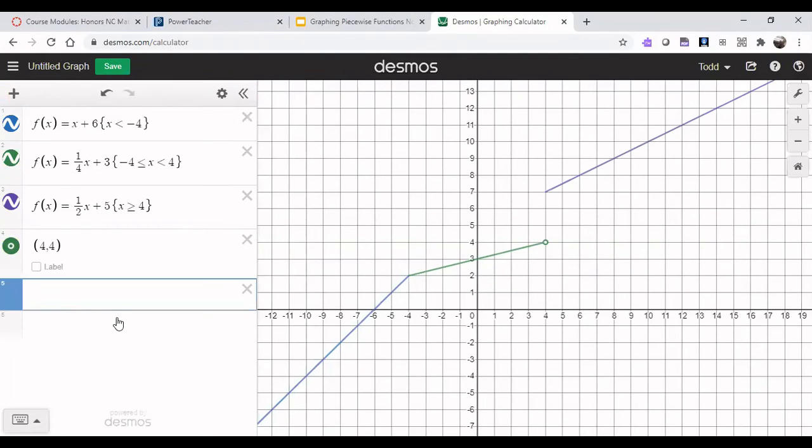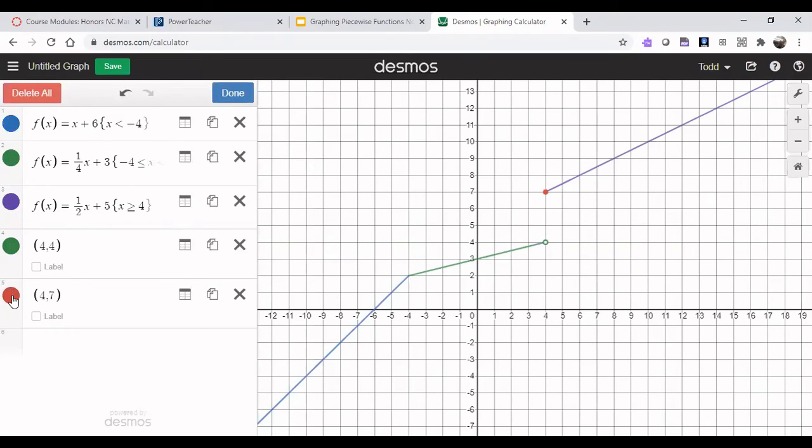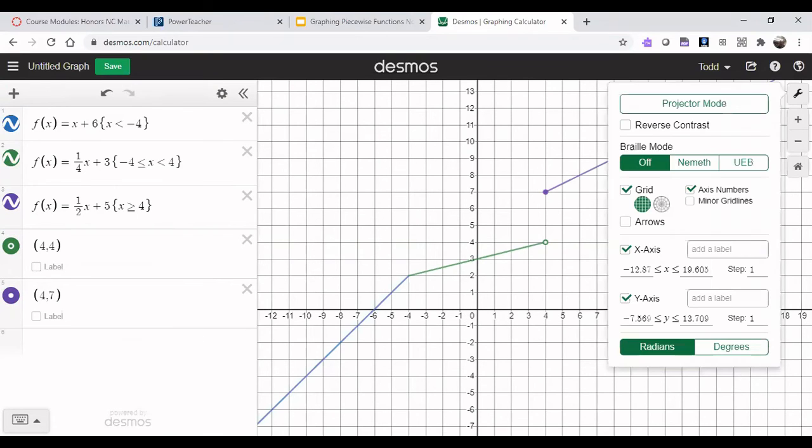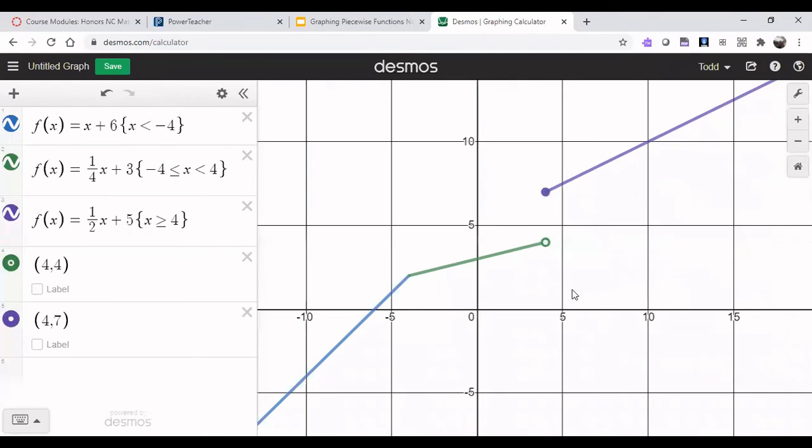And then at the 4, looks like 4, 7, that one is closed. And I can make it match the purple color. I want to make it purple. But there you can see, and again, if you go to projector mode, it just makes it bigger.